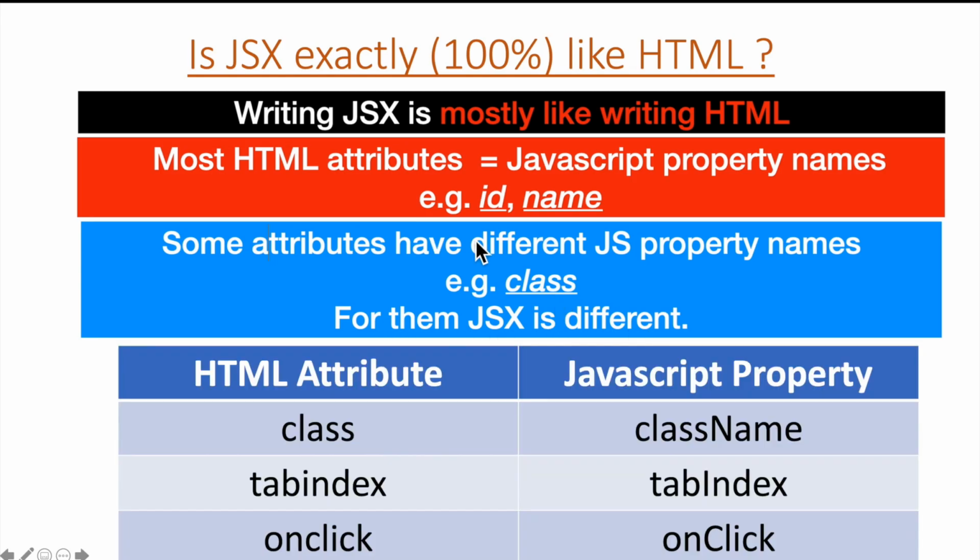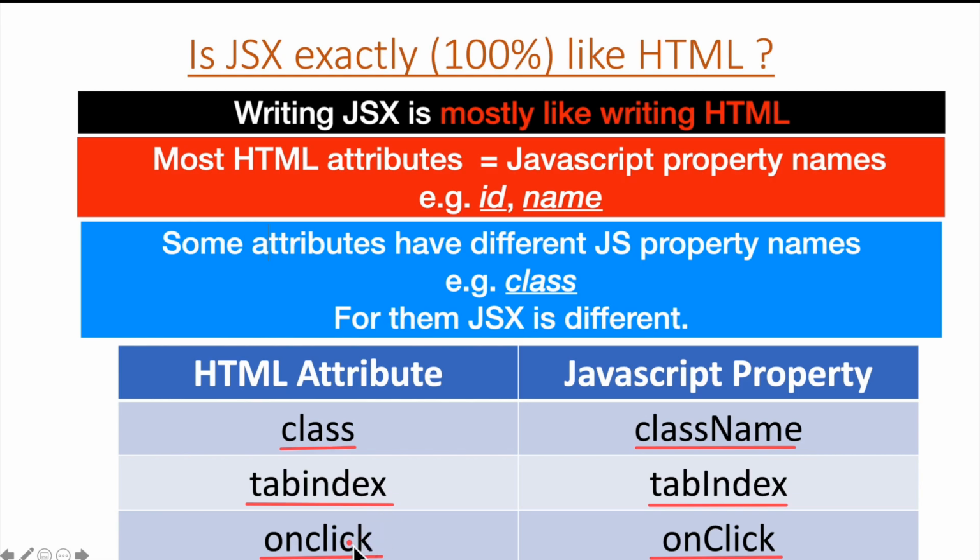Let us look at some examples where attribute and property names are different. On the left, we have some HTML attributes, and on the right, we have the corresponding JavaScript property names. The first one is class, and the corresponding JavaScript property name is className. Next, we have tabindex, and the corresponding JavaScript property name, as we have seen, is tabIndex with an uppercase I. And over here, we have the onclick event.